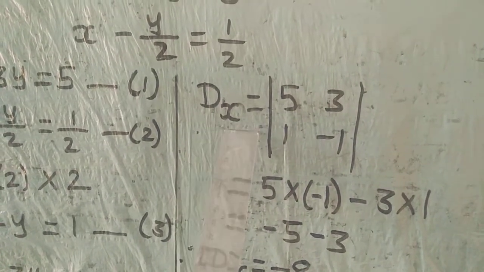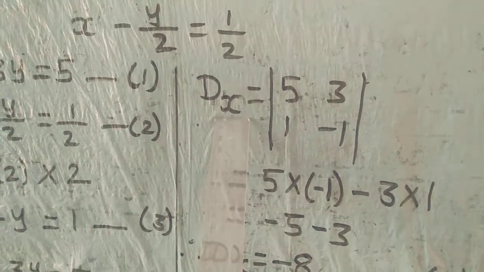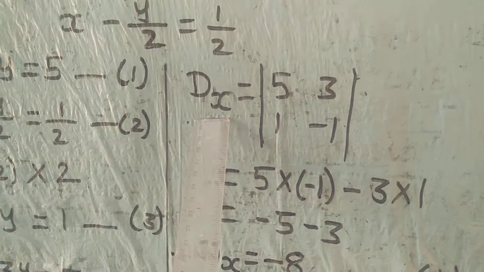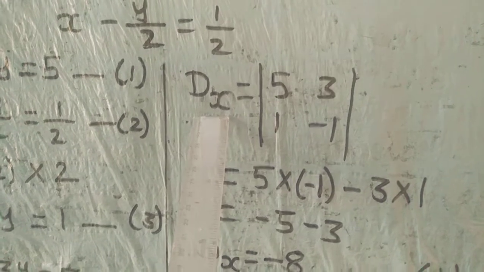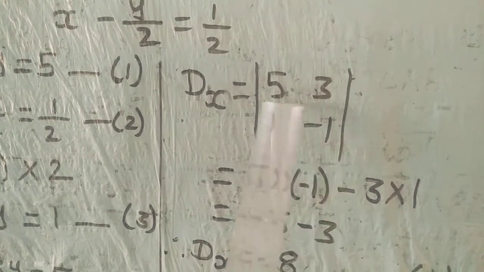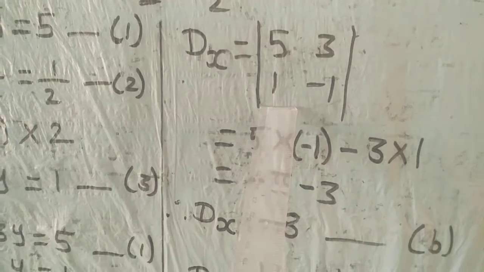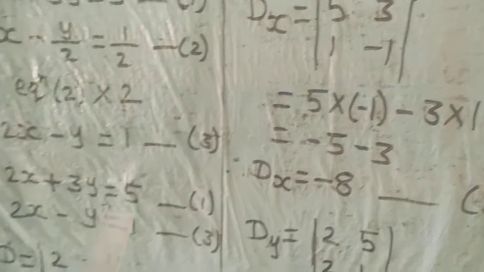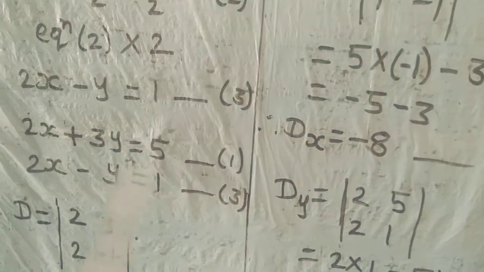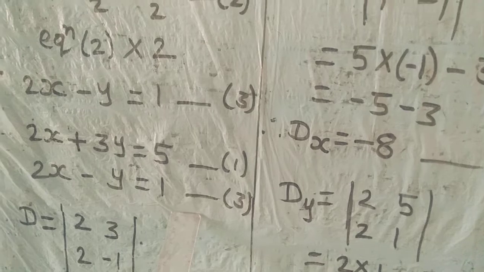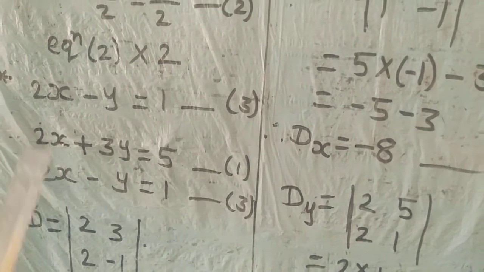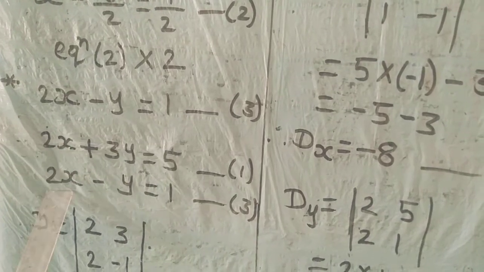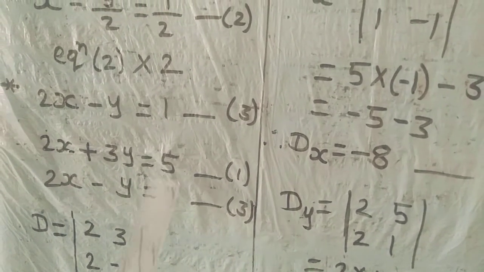Now to find dx, we have to form a determinant. This determinant consists of the coefficient of y term with the constant term. Come on to our equation 1 and equation 3. Now you have to exclude x. Instead of the value of x, you have to put the constant term there.